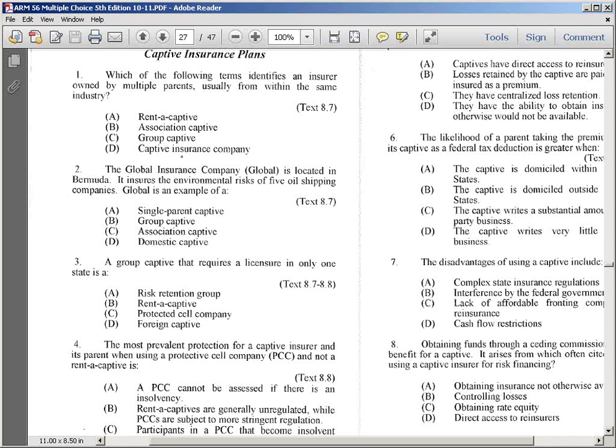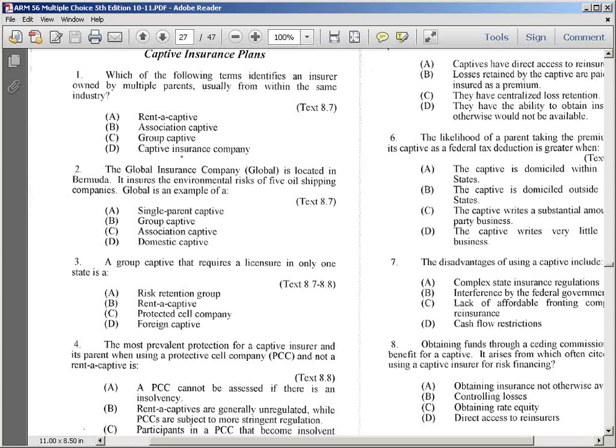But there was one type of captive, with a little different name, that allows you, if you get licensed in one state, to sell in all others. In this case, the answer is A, risk retention group. The law was passed, I think, in '86. But basically the only thing you can write for a risk retention group is general liability coverage.